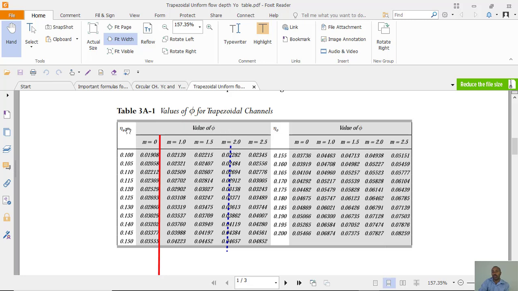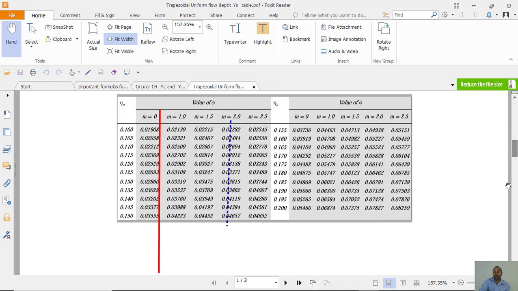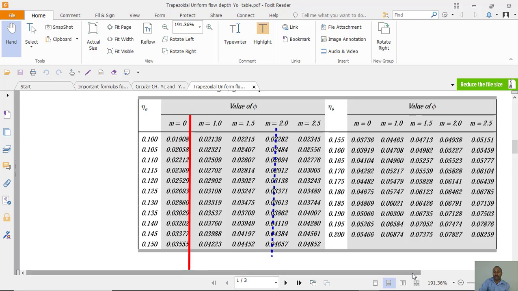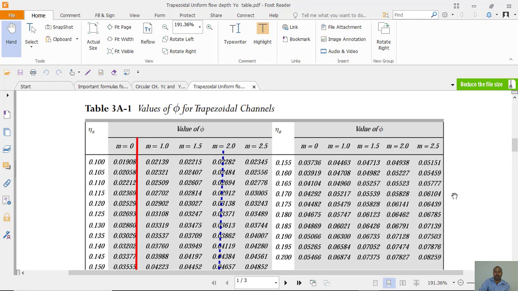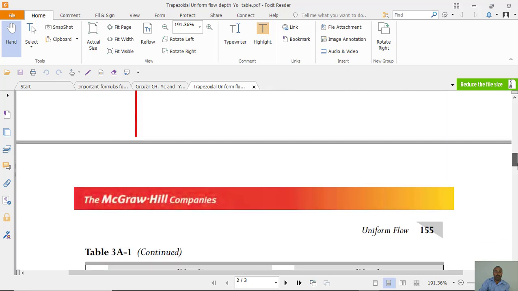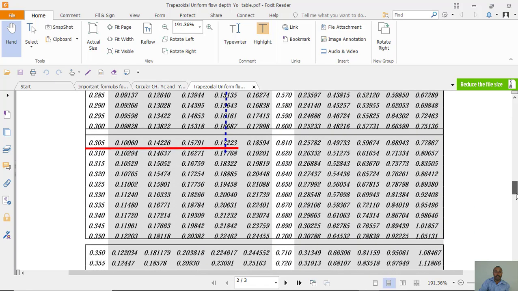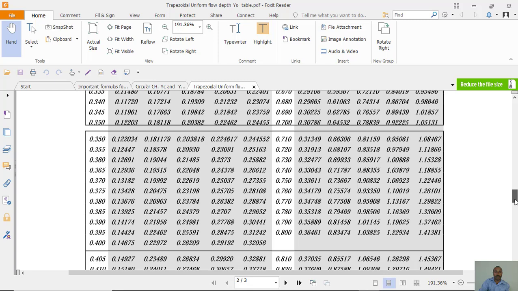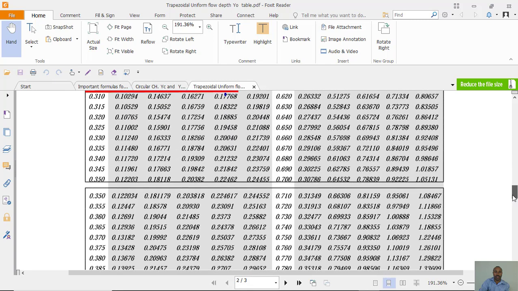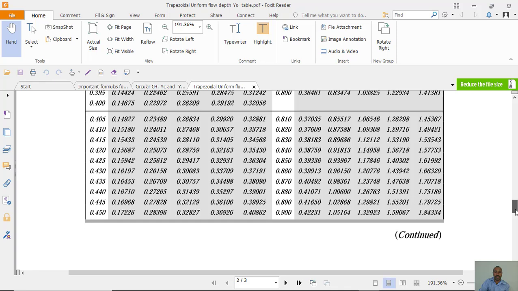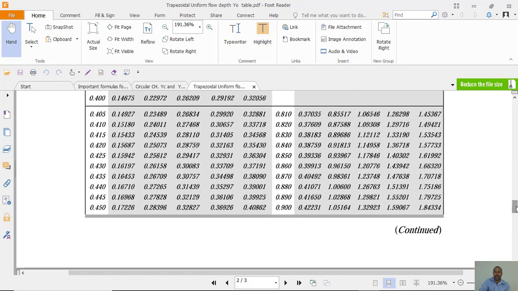Once you calculate phi, for example, we have 0.17. You go to 0.17 under m equals 0, around here. You see? Around here.